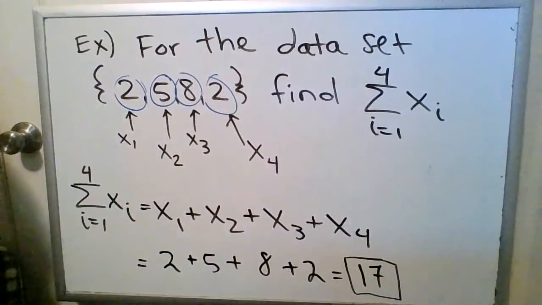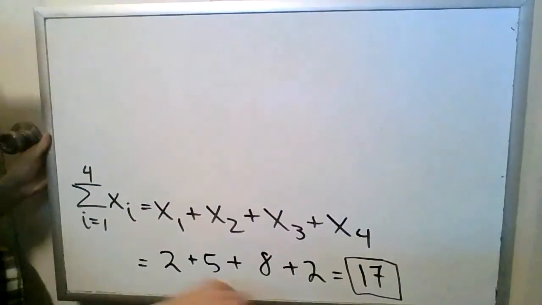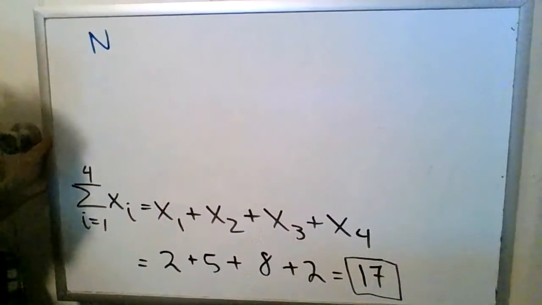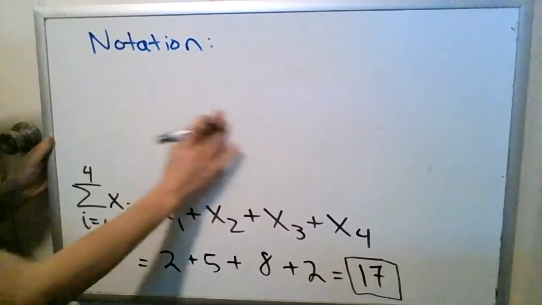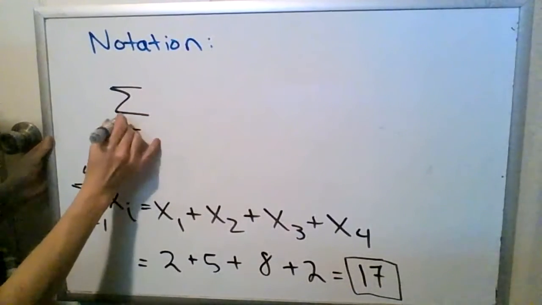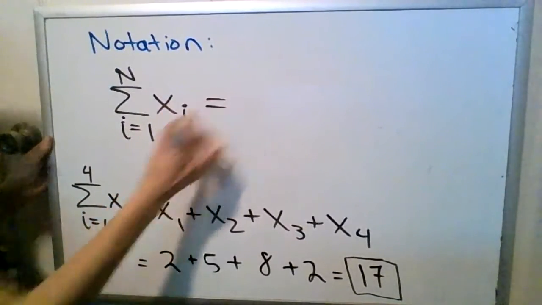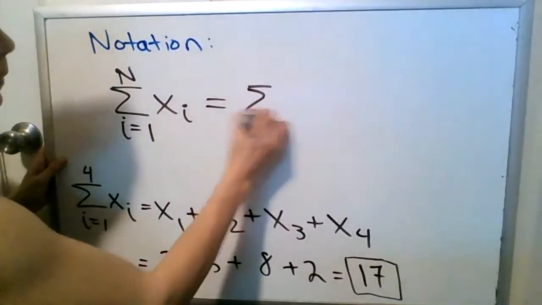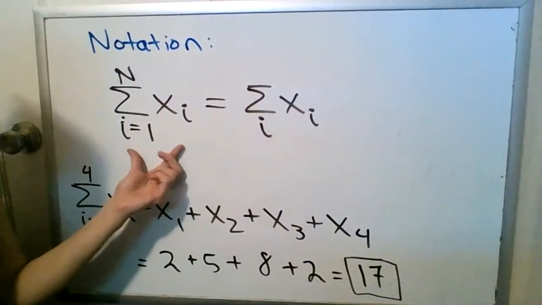So a little more notation. There's another way to write this sum. So we're taking this sum from I equals 1 up to n of x sub I, and we can write it as the sum of all I x sub I, and understand that this means the same thing as this.